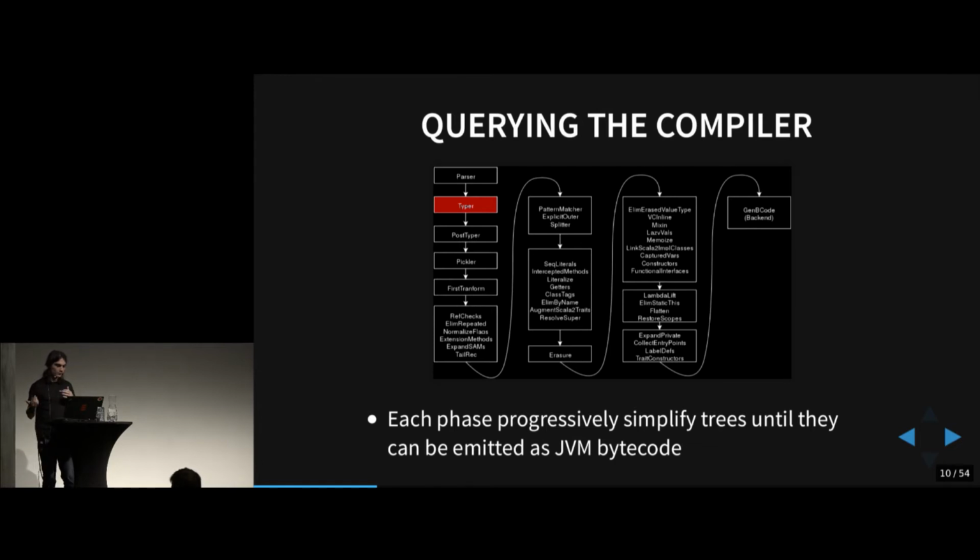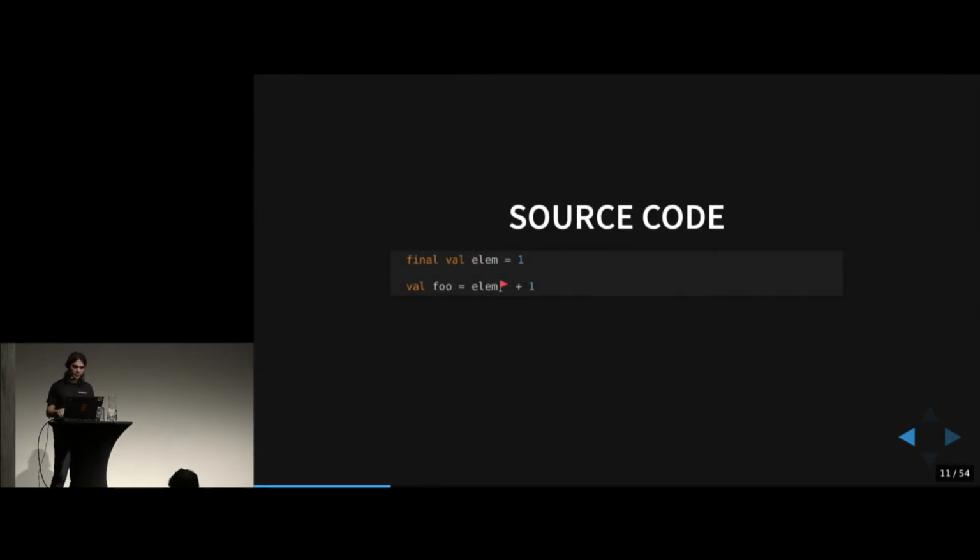Given this, how do you get information out of the compiler to use in an IDE? Basically, you need to figure out which tree you want to query and how you're going to do it. As an example, suppose that I have this code, with a final val and another val that refers to this final val, and this little flag is where the user put his cursor position.